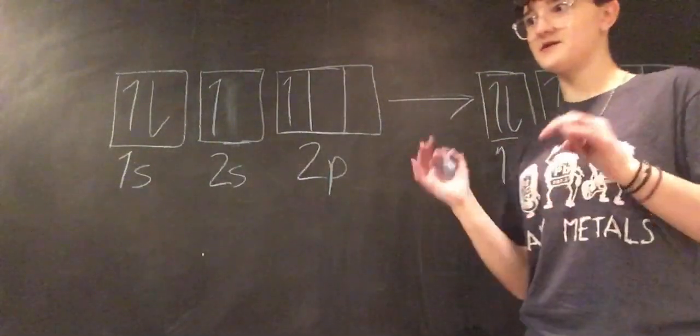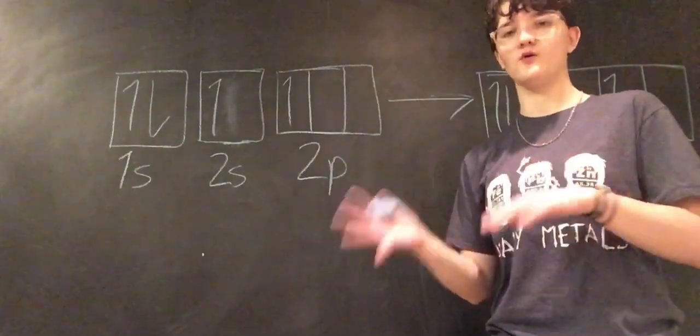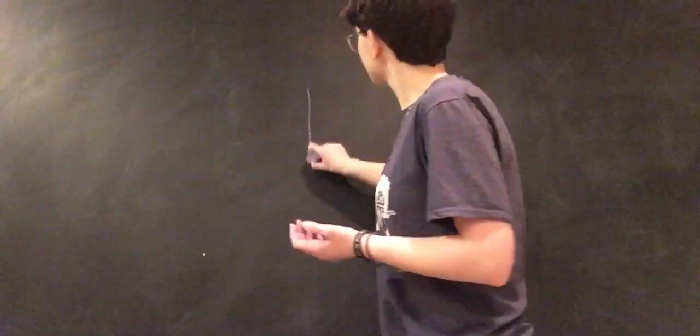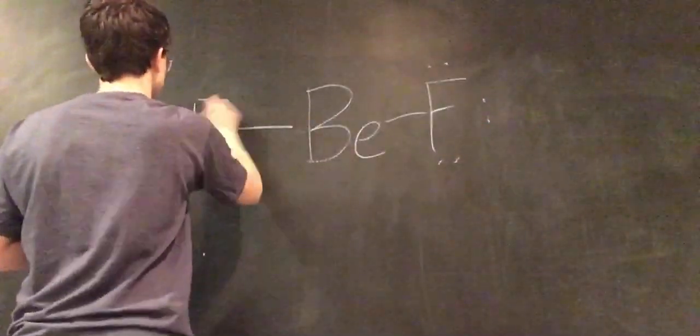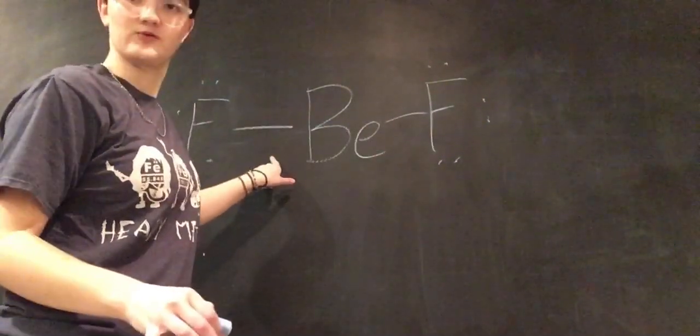For other ones, they can be formed into sp2 or sp3. The number of hybrid orbitals around the central atom is the same as the number of orbitals around the central atom to begin with. So for beryllium fluoride, after hybridization, it would have two hybrid orbitals.